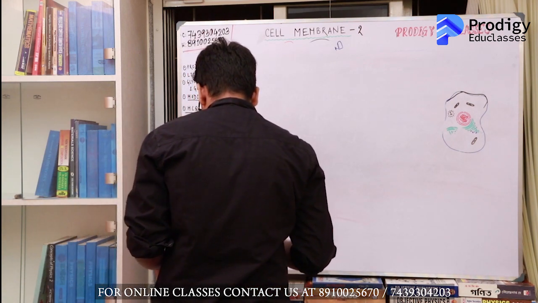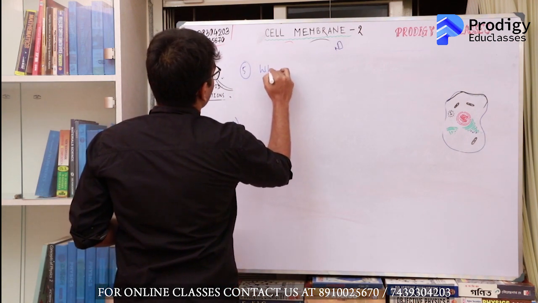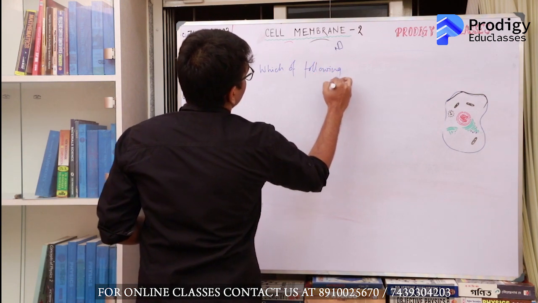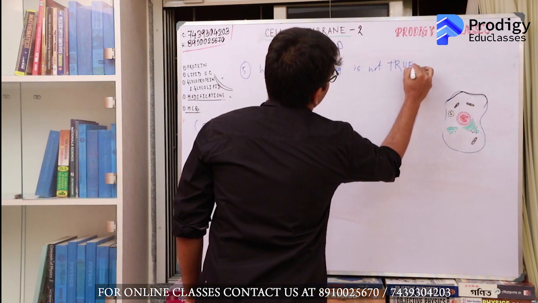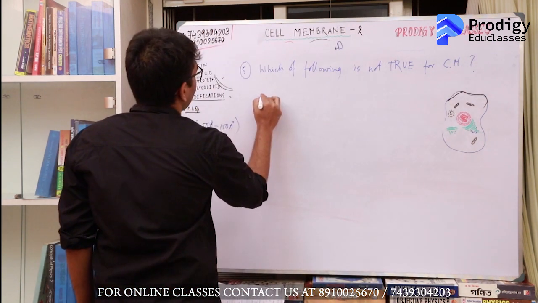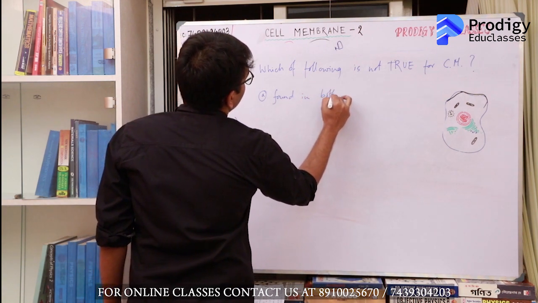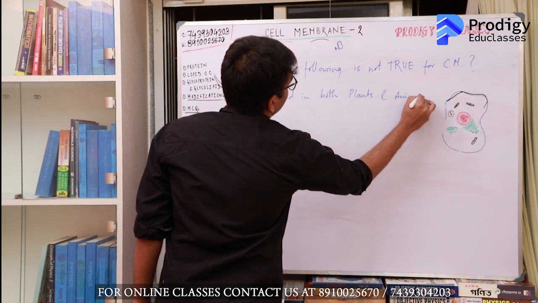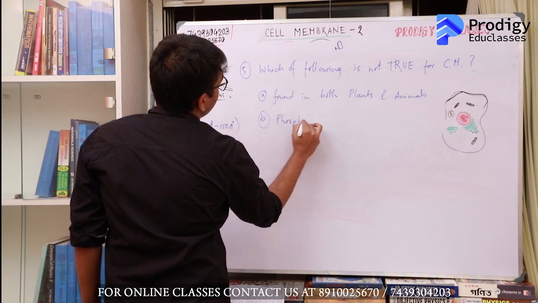Coming to the next question. Which of the following is not true for cell membrane? A, found in both plants and animals. B, phospholipids are abundant.